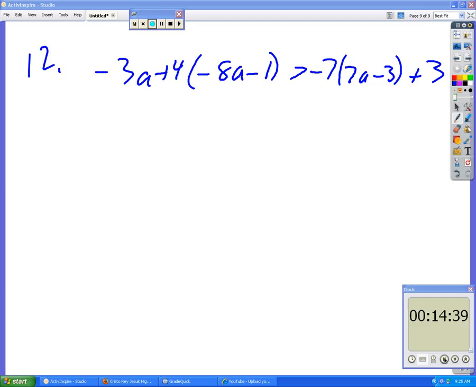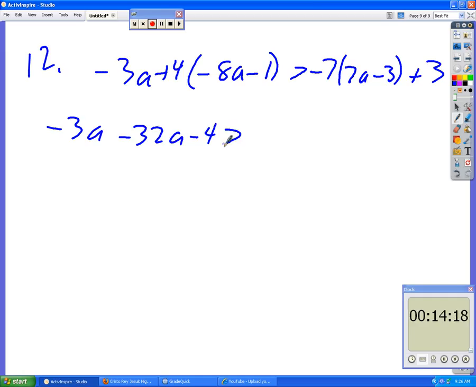So the first thing to do is I'm going to distribute this 4 to the parentheses. So I'm going to rewrite the problem. The negative 3a is not distributed. Then I go 4 times these. 4 times a negative 8a, negative 32a, and 4 times a negative 1 is a negative 4.